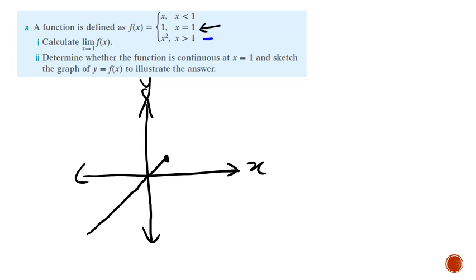Then the third part, I'm just going to use blue, that was black. Then the third part it says x squared, so it's a parabola, like that. Now looking at that, do you think it's continuous? Yeah. Yep. So I've kind of done part 2 already. Let's just write down the answer for part 2. Continuous.